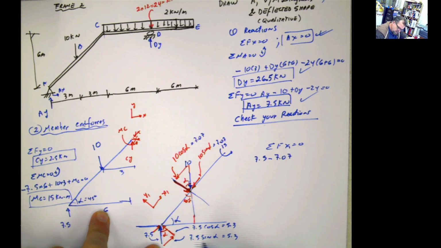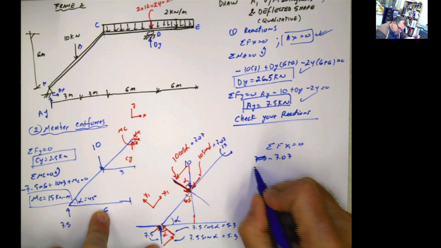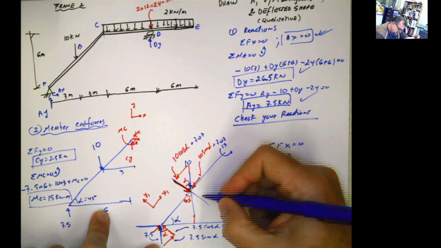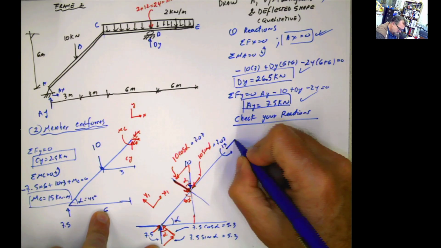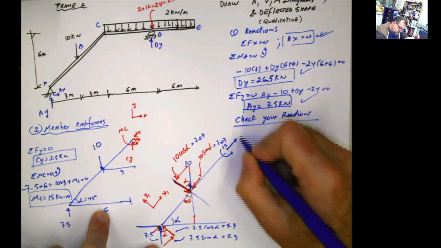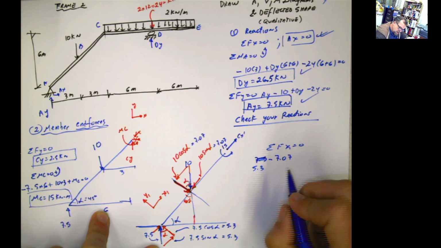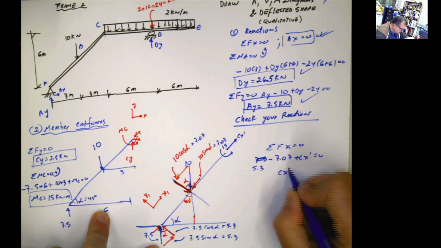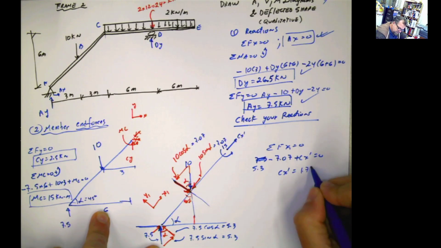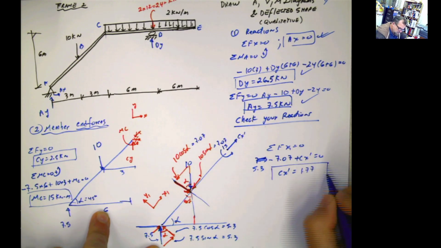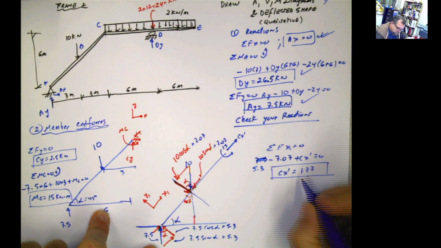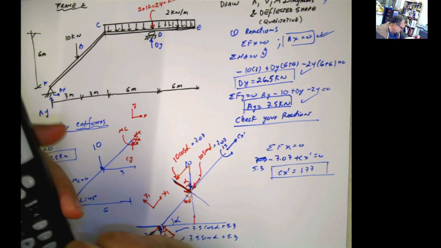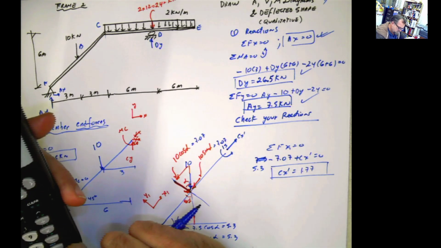This one, 7.5 sine alpha, 5.3 minus 7.07 in this direction means that I'm going to have this reaction in this way, Cx prime, and plus Cx prime equals 0, so Cx prime equals 1.77 or 1.76 something. Let me see, because I use the full decimals for some stuff.